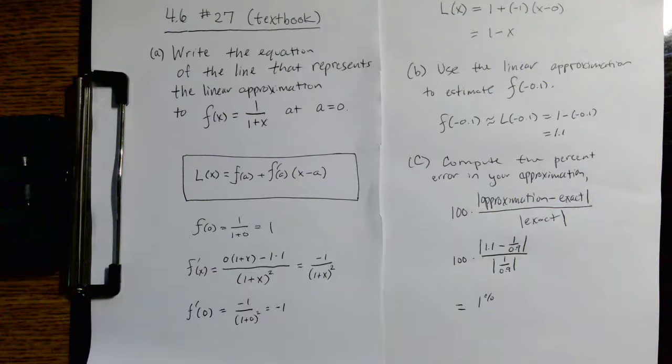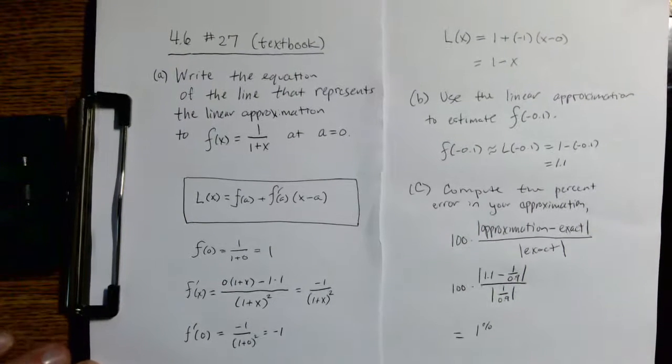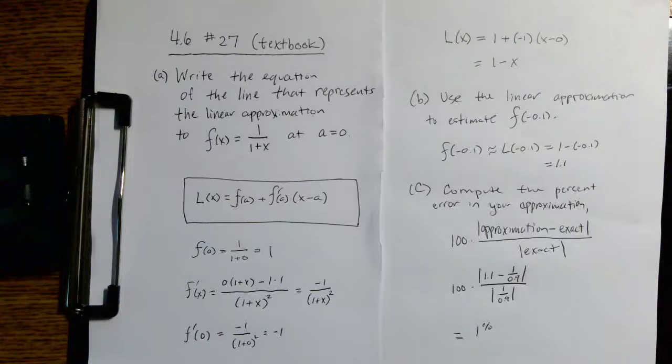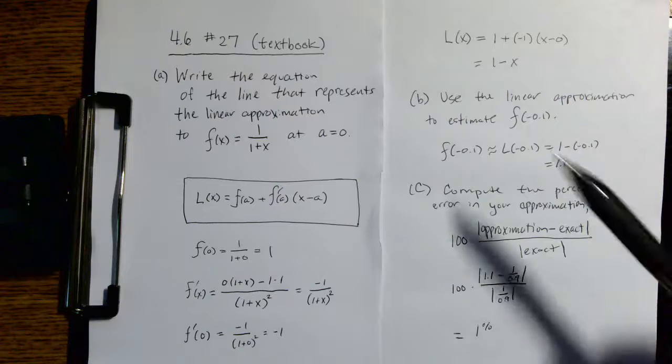That's our f of a. We want to find the derivative, in this case using the quotient rule, or you could use the chain rule if you prefer, and evaluate that derivative at a. That'll give us the slope of our line. So here's our linear approximation up here: L of x is equal to 1 minus x.